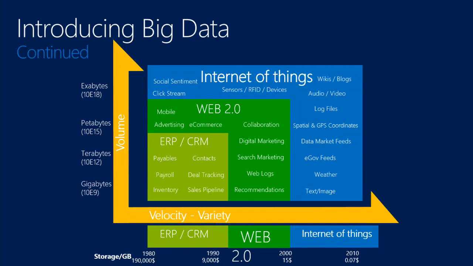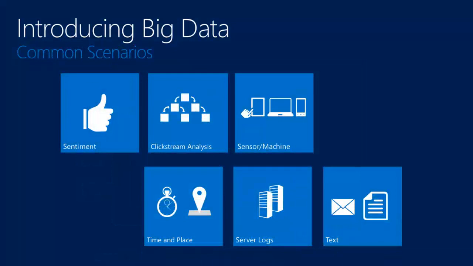Then moving right up to the Internet of Things, the classic would be to talk about Facebook. Can you imagine what's going on there with the volume of data? And this is the new challenge today. Different shapes of data, large volumes of data, and yet the business still has a need to make sense of and understand what that data represents. Common scenarios: sentiment, what are people feeling?